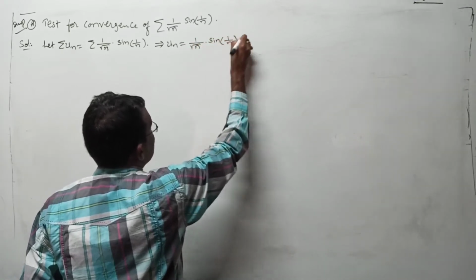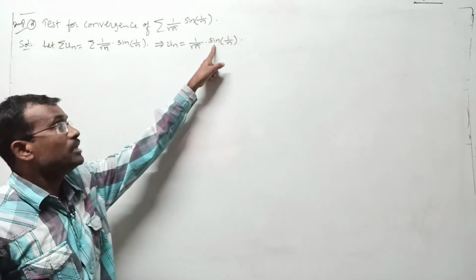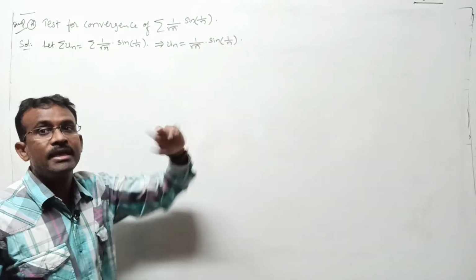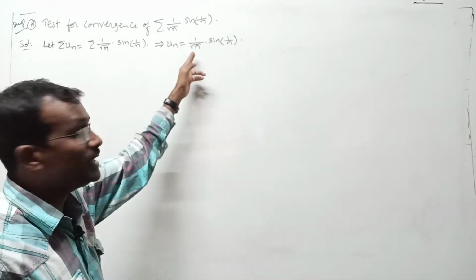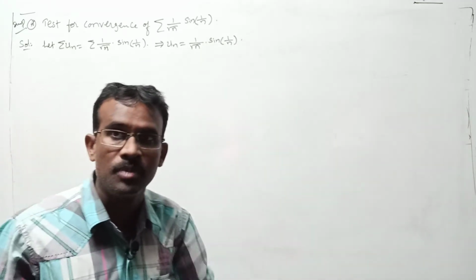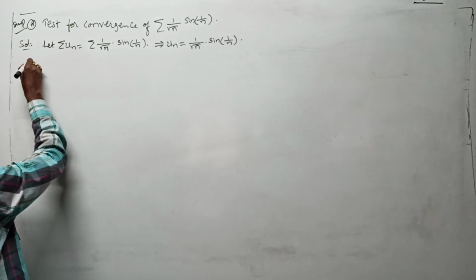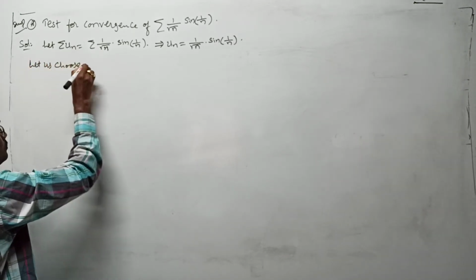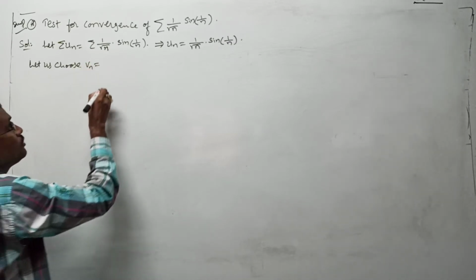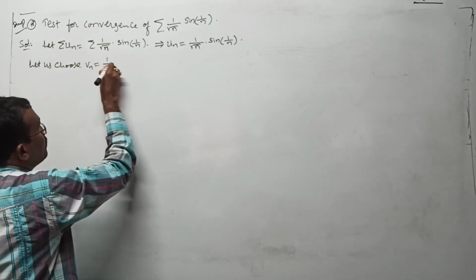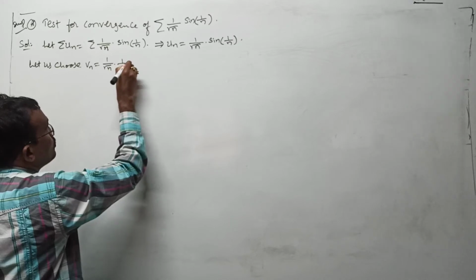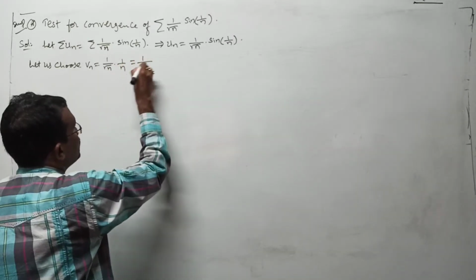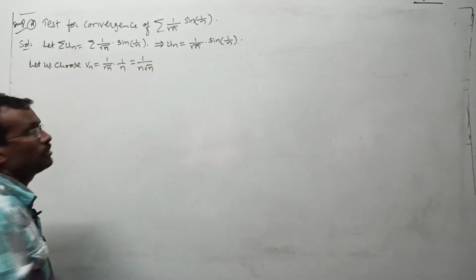Here we got a sine ratio, that's why you must take its coefficient and the product outside the ratio part as Vn. Let us choose Vn equal to 1 by root n into 1 by n, which you can write as 1 by n into root n.